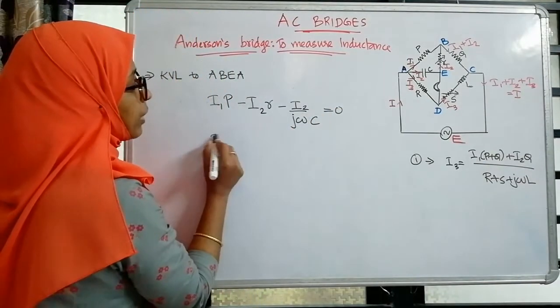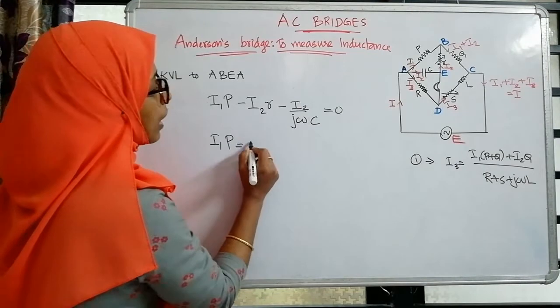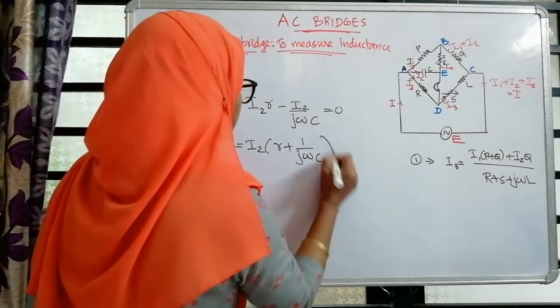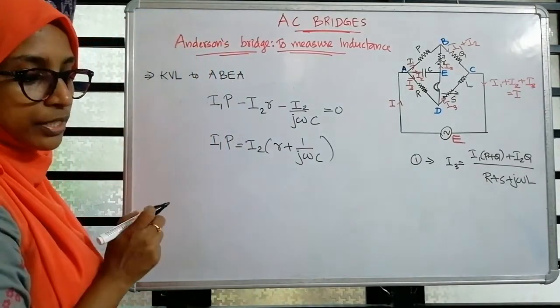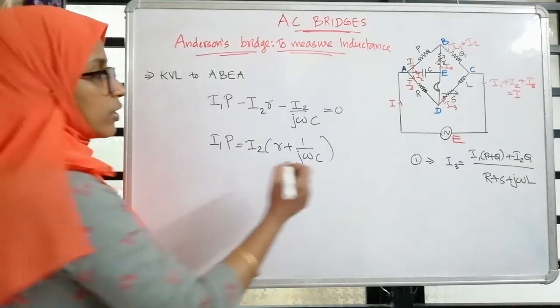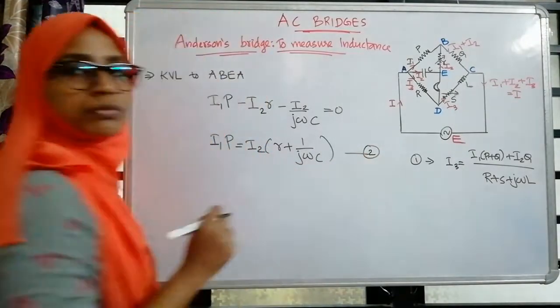That is I1P is equal to I2 into (R plus 1 by j omega C). This is given as equation number 2.